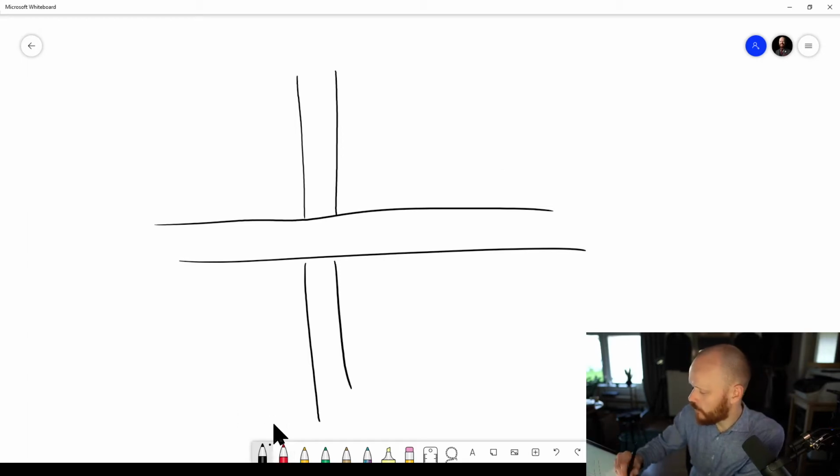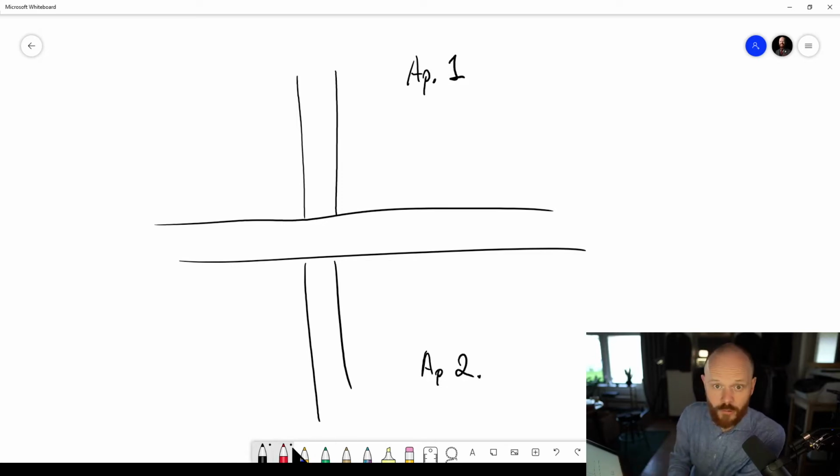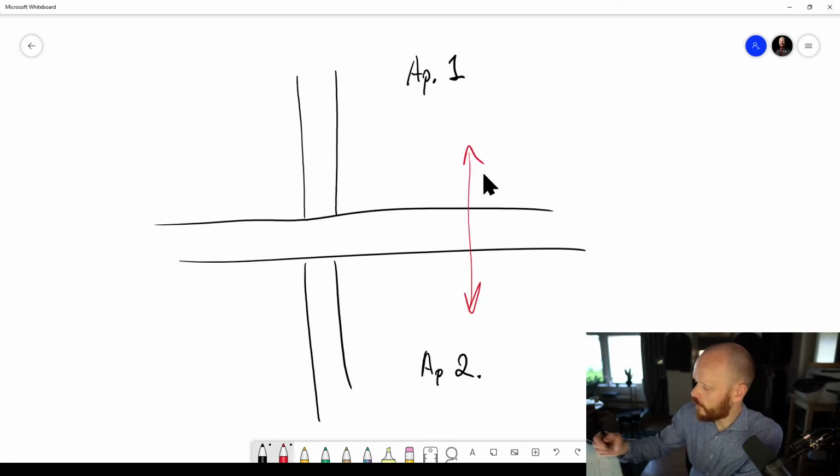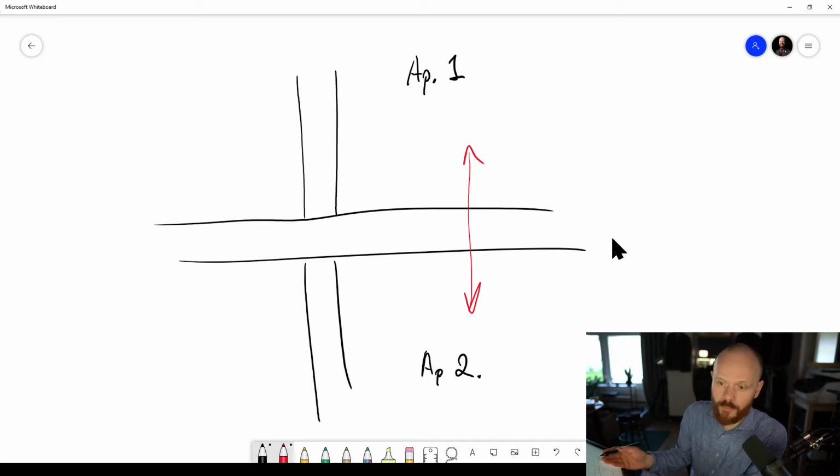Let's say you have apartment 1 here and apartment 2 here, and we're going to consider the vertical sound transmission. So the obvious one would be here, direct. And usually this is the largest separating area, so it's kind of natural that this one will dominate.